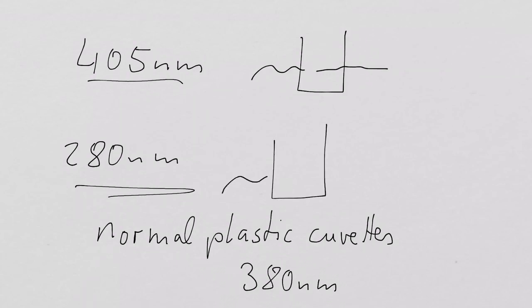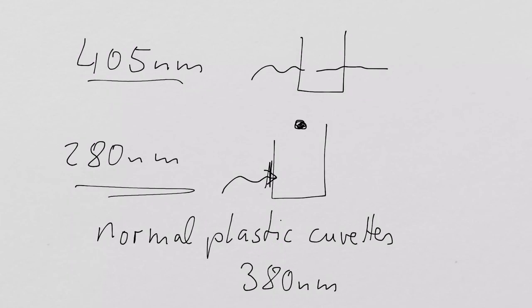At 280 nanometers, the plastic absorbs everything. The light has no chance to even reach the solution. Bong! It hits its little head on the wall of the cuvette. It can't go through. That is why you need a special cuvette that can be penetrated by UV light. That's why you had this cuvette with a black dot. Make sense? So whenever you do measurements, you need to make sure that you use the right cuvette.